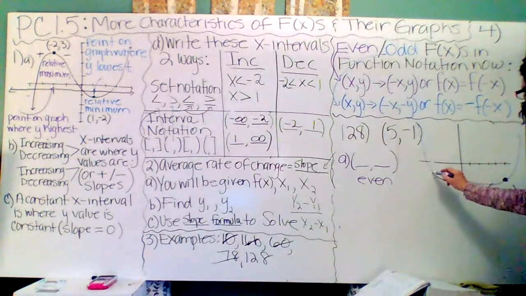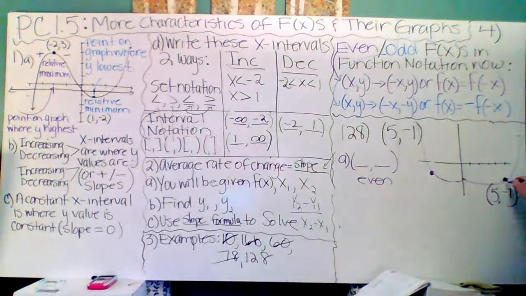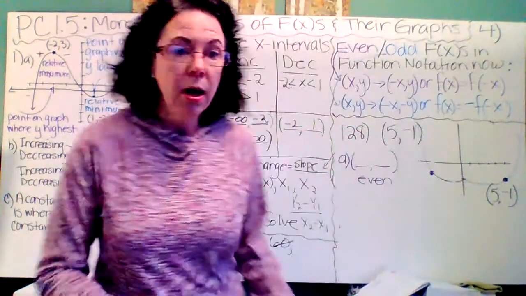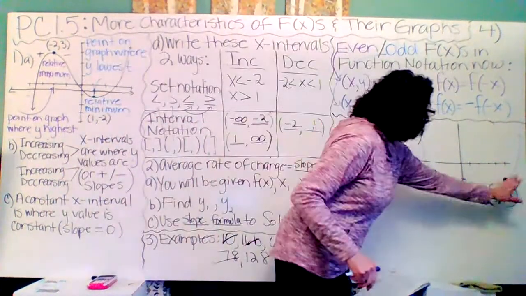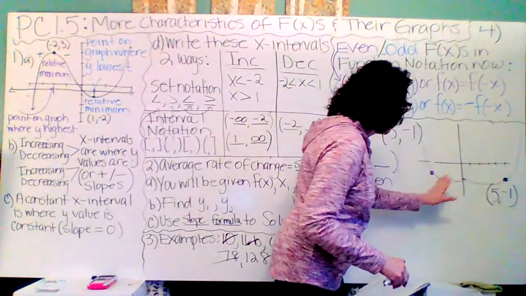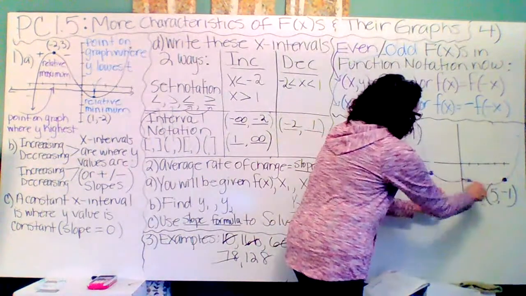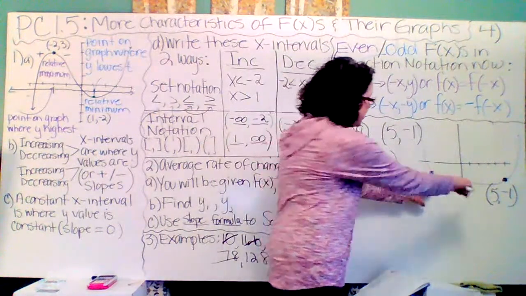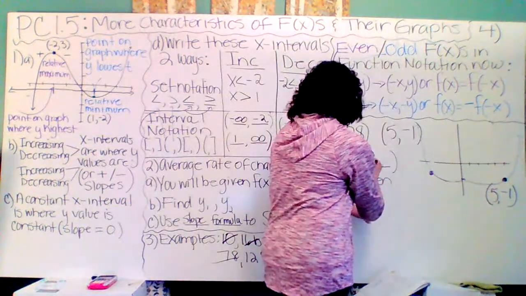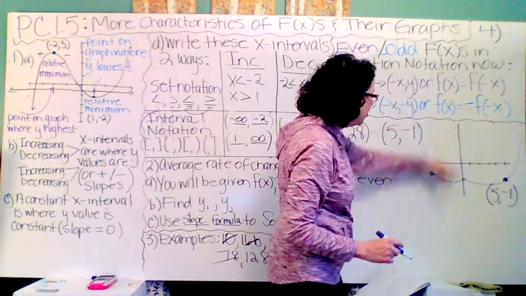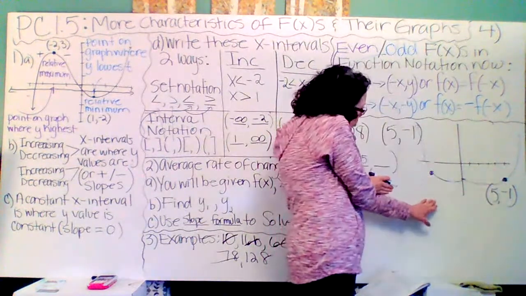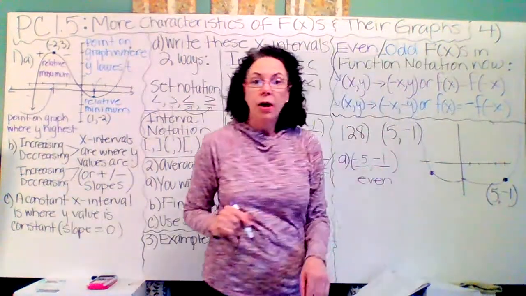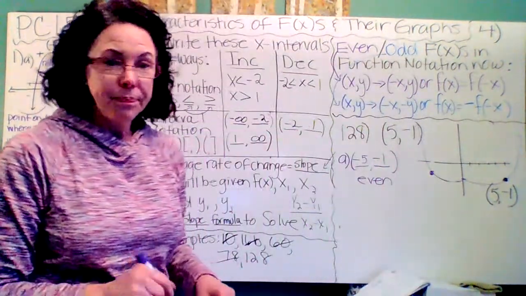That means that there would be a point right here, if that helps you to actually see an even function, right? So even function across the y-axis. What would this point have to be then? Notice it would have to be the opposite x, so it would have to be a -5. And I didn't move up or down, I just flipped horizontally over the y-axis, so the y stays the same.